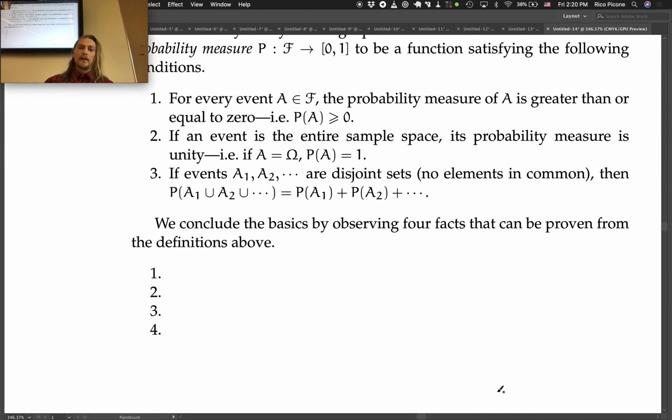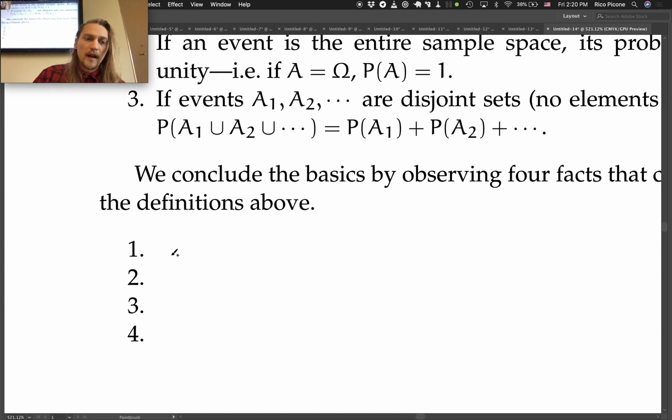We conclude the basics by observing four facts that can be proven from the above definitions. So the probability measure is 0 for the empty set.